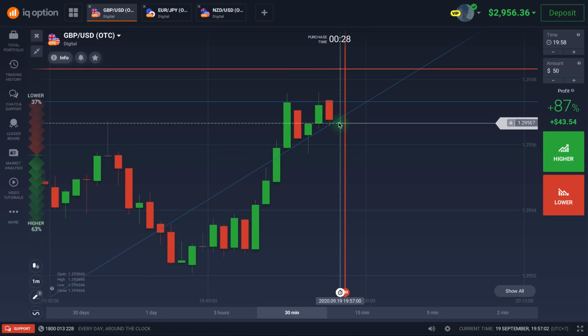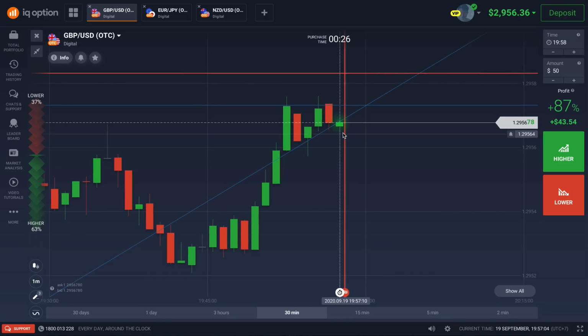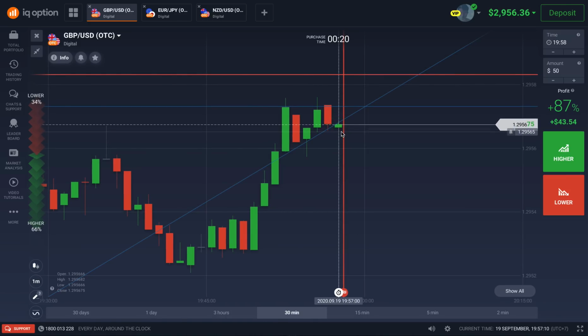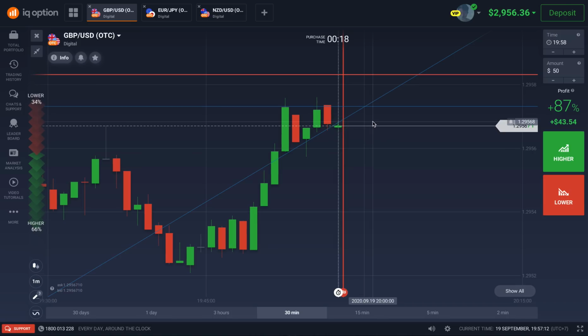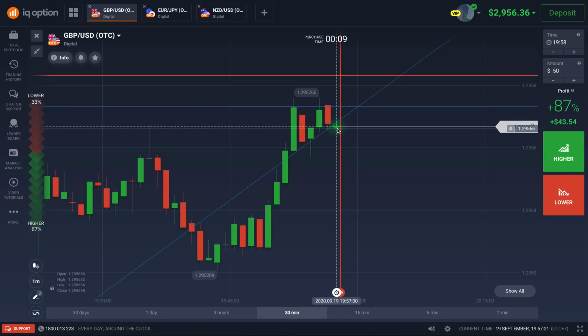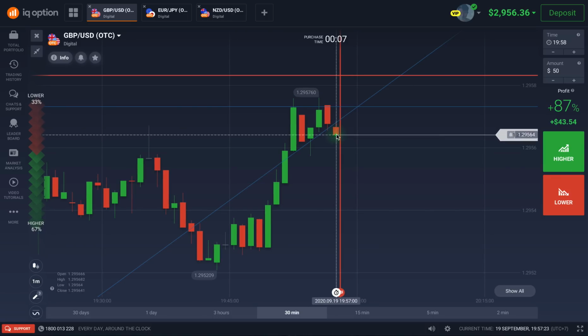So this can be the candle that helps us make a decision whether the next one is going to be bullish or bearish. We want this candle to be a weak candle if it is bullish, a weak bullish. And if it is bearish, that will be great, like this one.